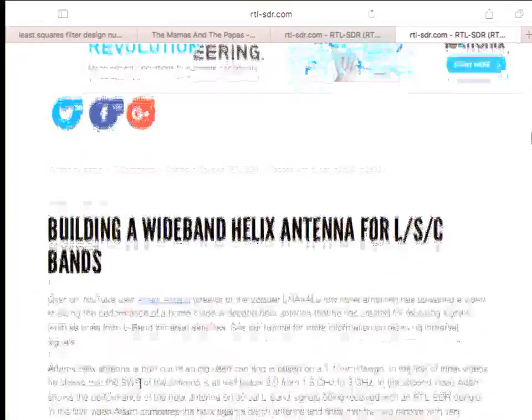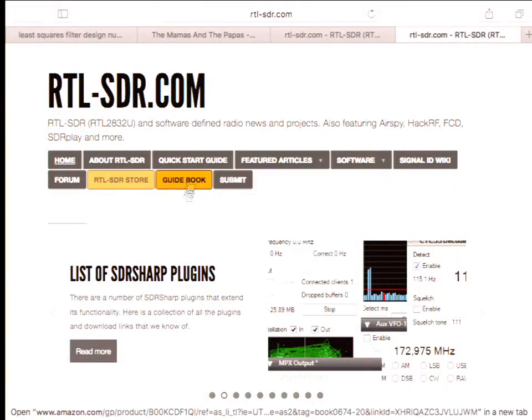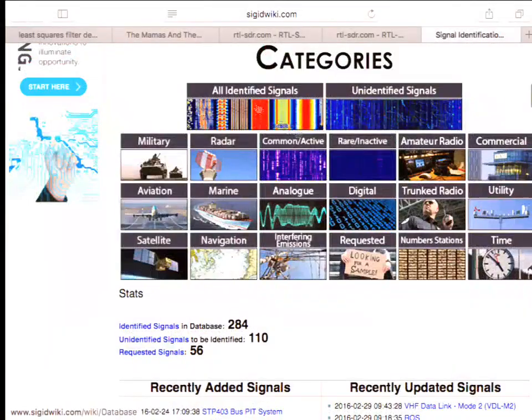People do all sorts of pretty cool stuff using these devices, so I would recommend looking at this. The other thing that it has that is really, really useful is the Signal ID Wiki. I showed this before, but if you want to look at different types of signals, that's a place where you can identify what you're actually looking at.